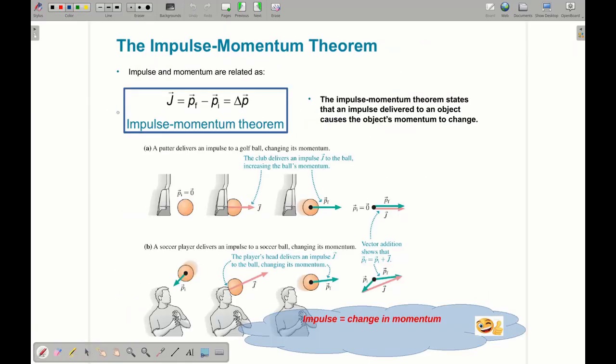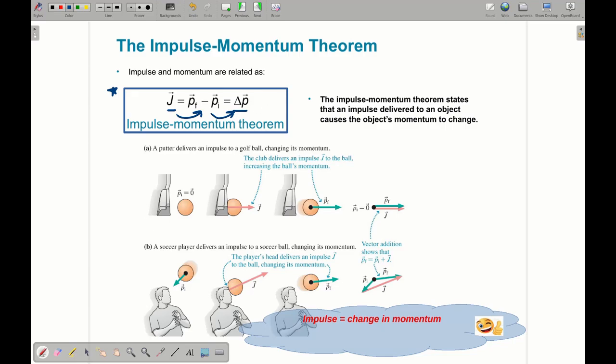So the summary here is, when we apply a force, we apply an impulse, and that impulse causes a change in momentum. We can always find the change in momentum as the final momentum minus the initial momentum, or delta p is another way of showing it. Remember, delta always means change in our context. And we have to be careful about the fact that momentum is a vector.